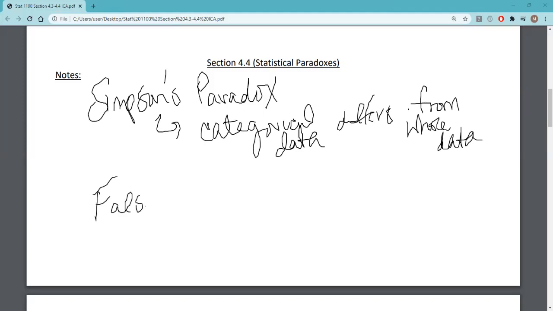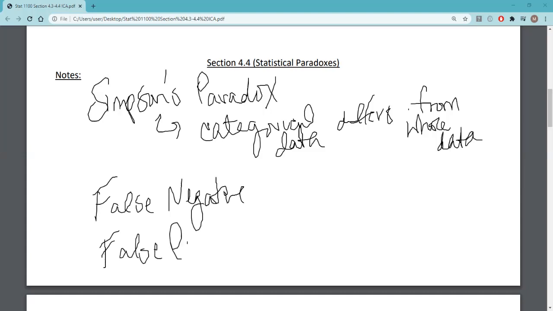are scenarios called false negatives and false positives. And just the name of these paradoxes is pretty explanatory as far as what's happening in this particular scenario. But if we're looking at a false negative, let's give it some context here. So we're going to talk about it in terms of cancer, for example.